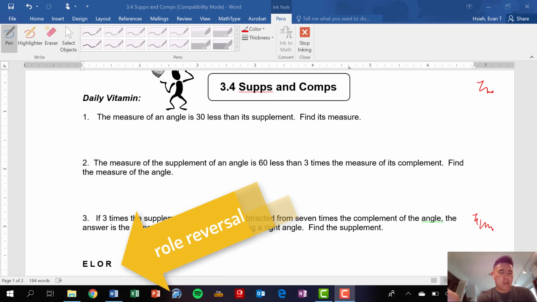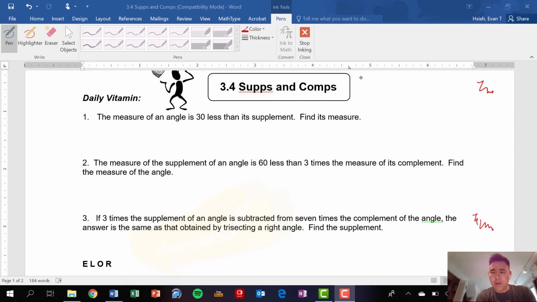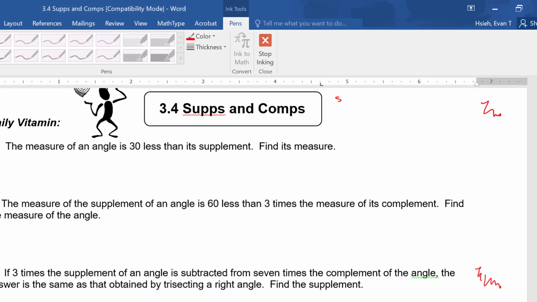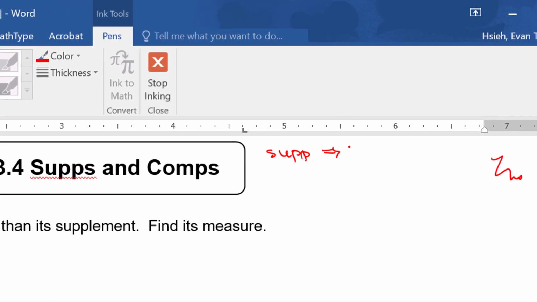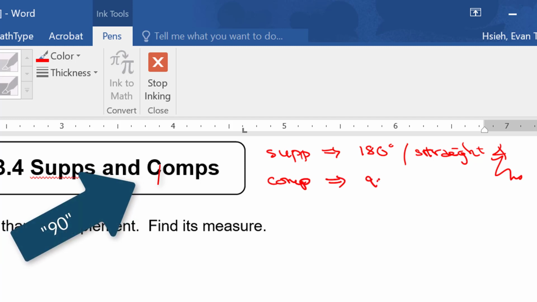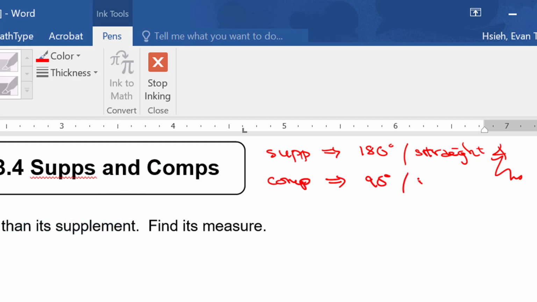But basically, if two angles are supplementary, then they add up to 180 degrees, or they add up to a straight angle. And if two angles are complementary, they add up to 90 degrees, or they add up to a right angle.